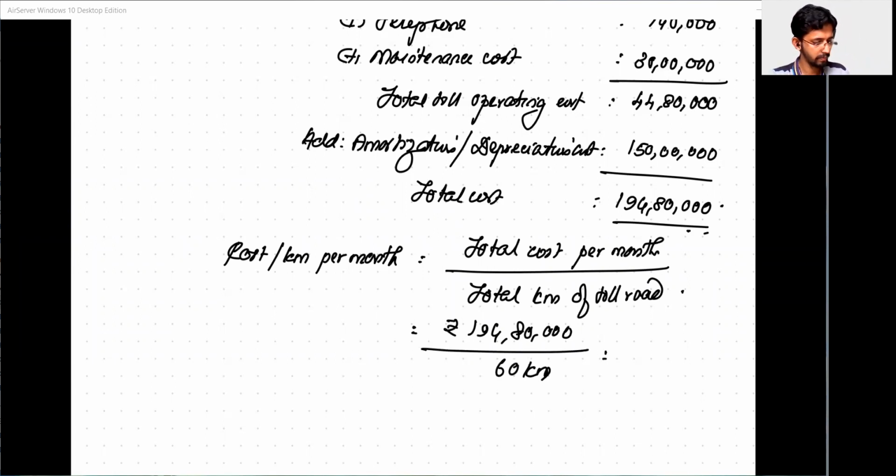So it will be rupees 3,24,667 per kilometer. The cost will be 3,24,667 per kilometer. So this is the operating cost, or this is the total cost for each kilometer they have constructed.